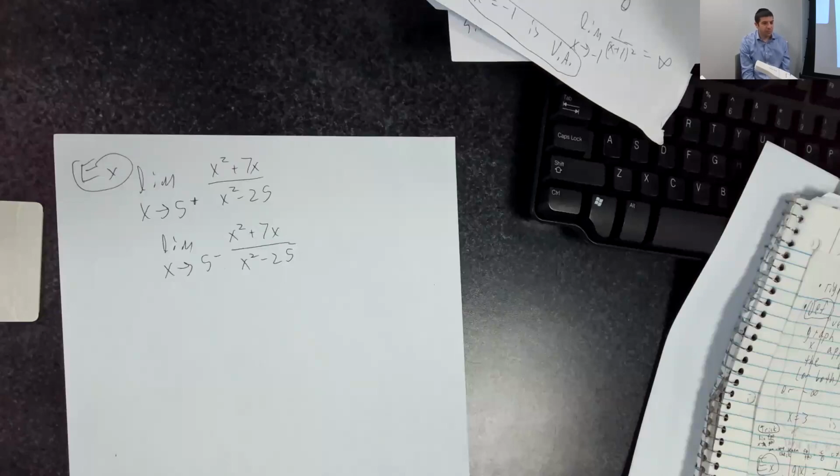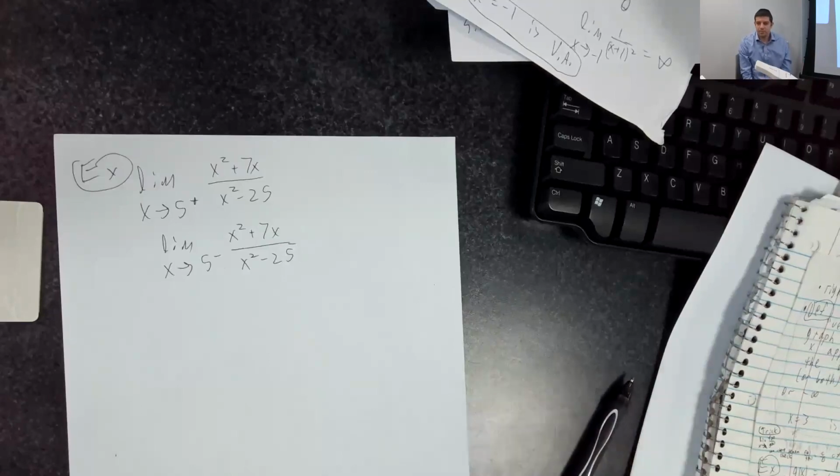The trick is you could just plug in 5 first, and if you get a c over 0 type thing, you already know you're positive or negative. Okay. Positive or negative infinity.